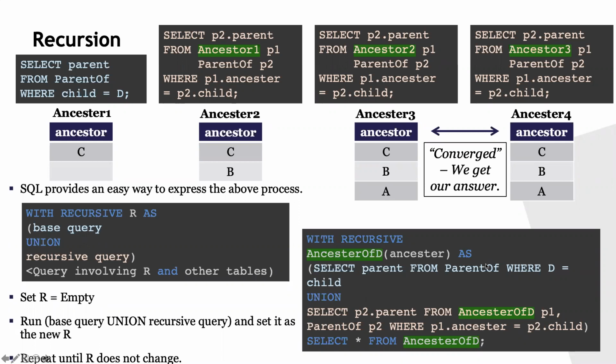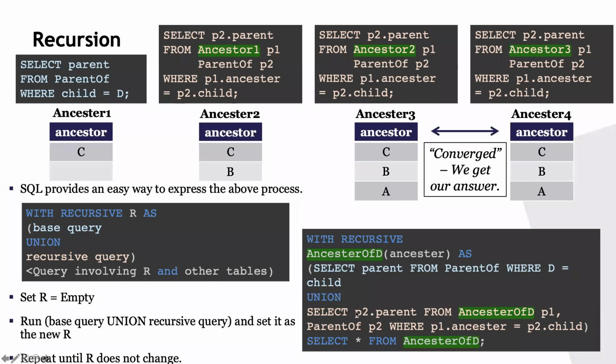You select parent from parent of D. This one will give you one level up of the parent of D. And then you union this with, you join this ancestor of D, which in this case is going to get the output of the previous stage, join that with parent of.